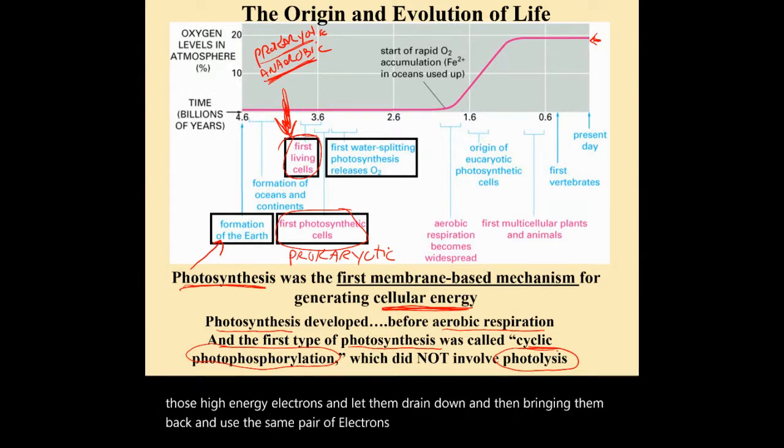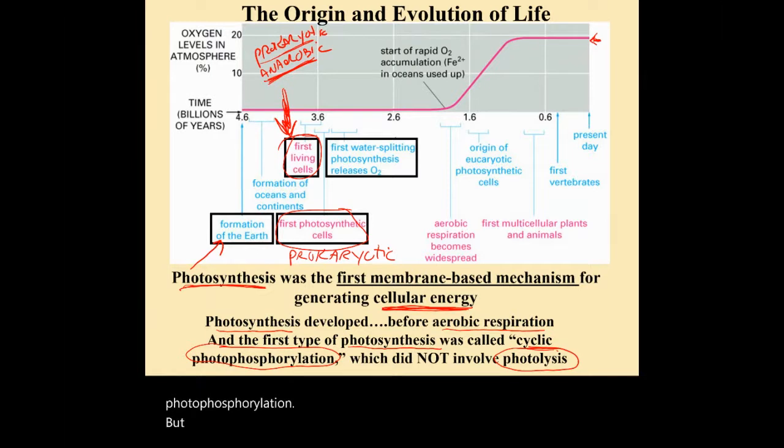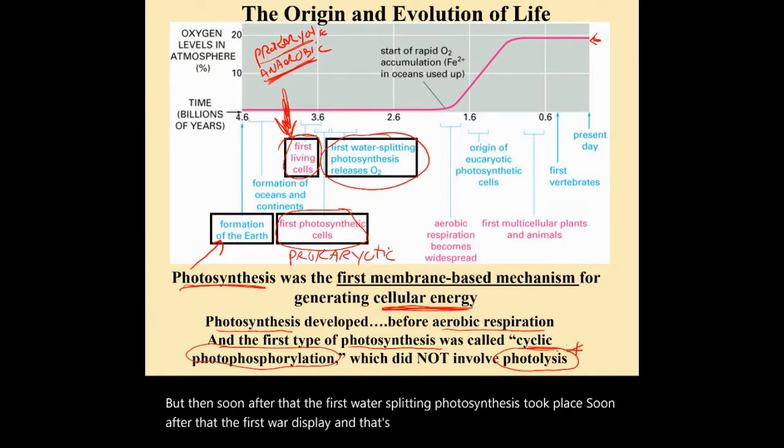So it was called cyclic photophosphorylation. But then soon after that, the first water splitting photosynthesis took place, and that's when photolysis comes in.